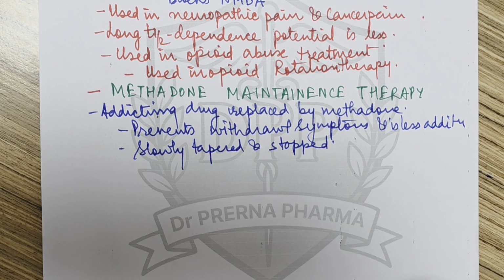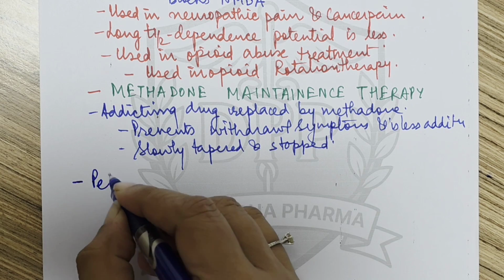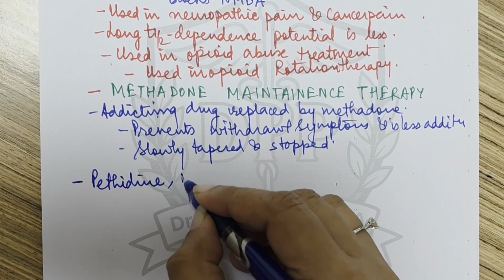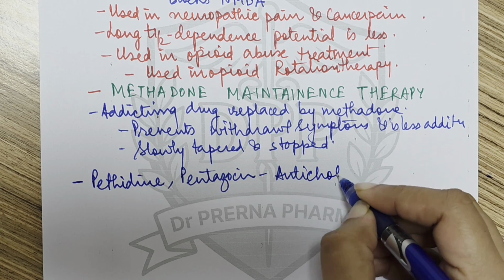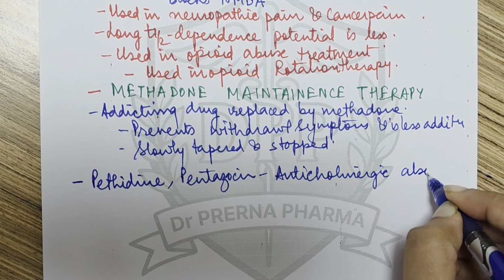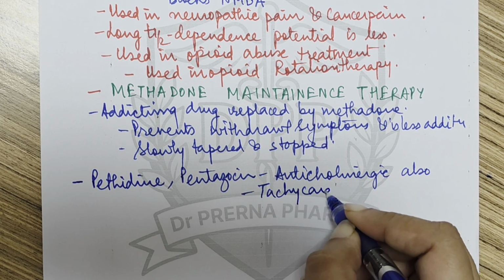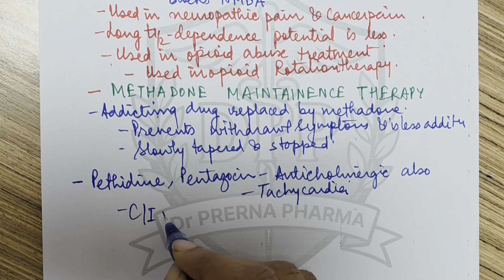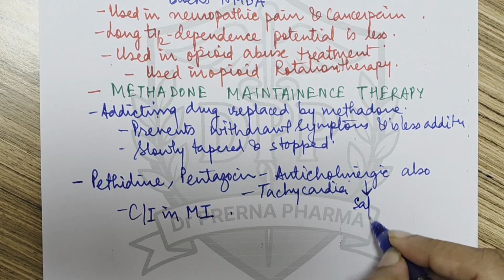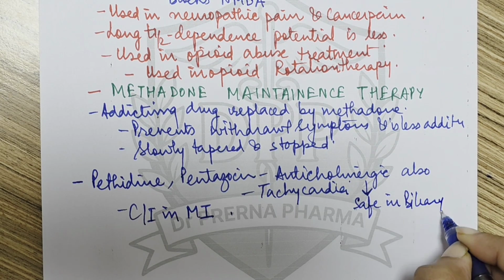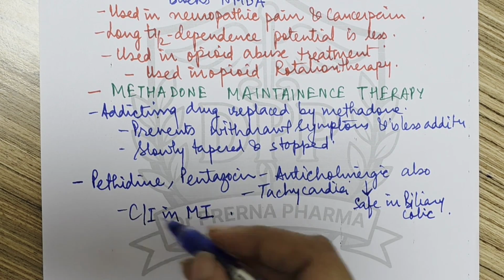Okay, next drugs that we have is pethidine and pentazocine, we have seen earlier also. Now they have anticholinergic properties also, so they can result in tachycardia. So they are totally contraindicated in myocardial infarction. Due to anticholinergic activity, they are safe in biliary colic.